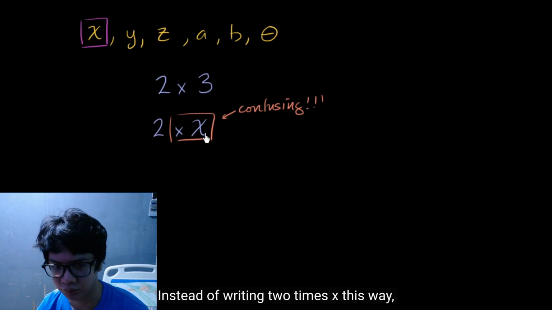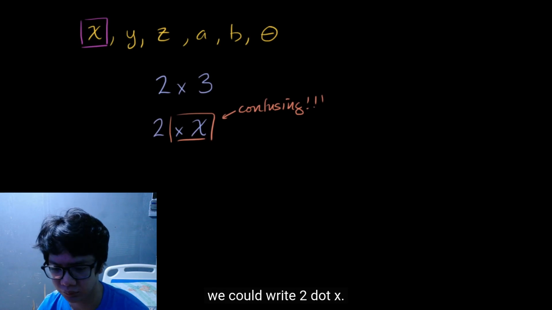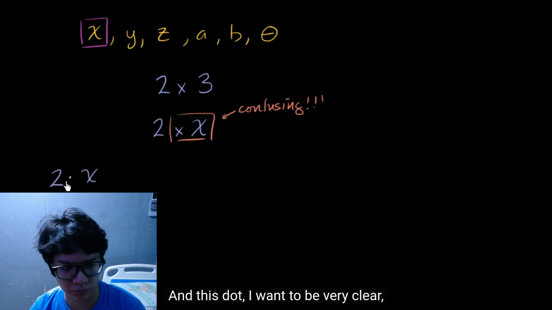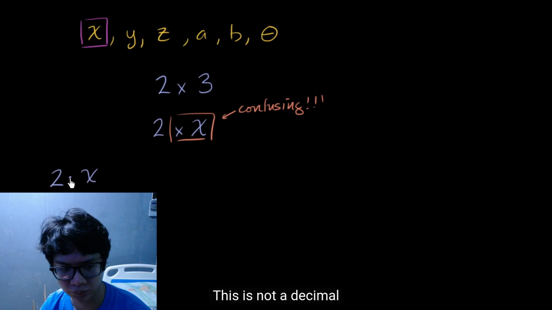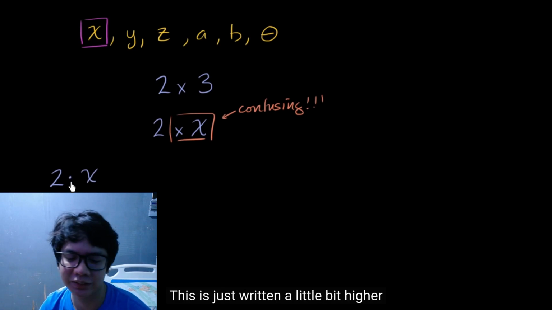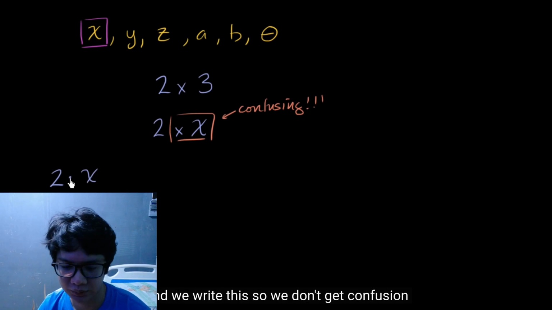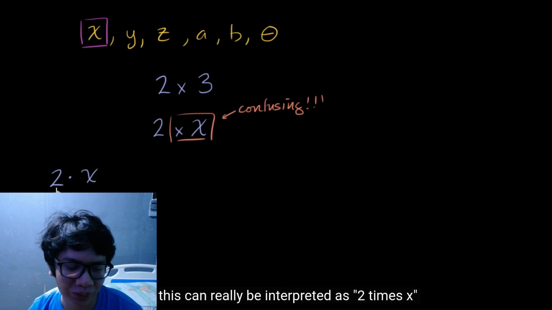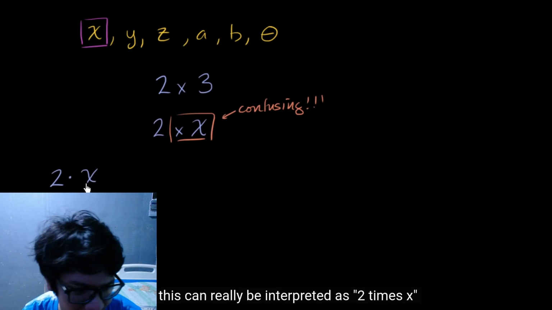Instead of writing 2 times x this way, we could write 2 dot x. And this dot, I want to be very clear, is not a decimal. It is written a little bit higher, and we write it so we don't get confusion between this and one of these variables. But this really can be interpreted as 2 times x.